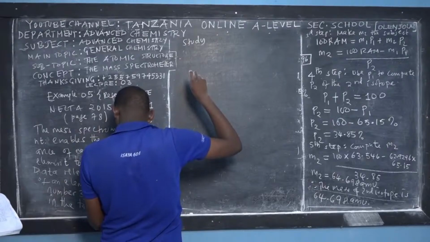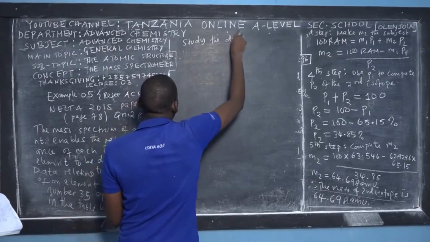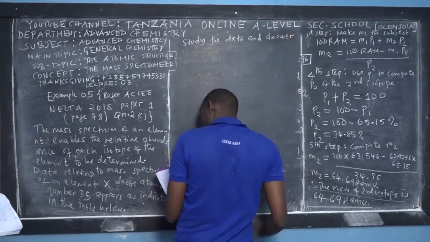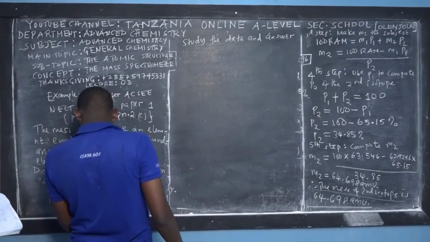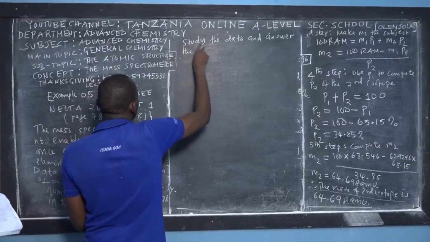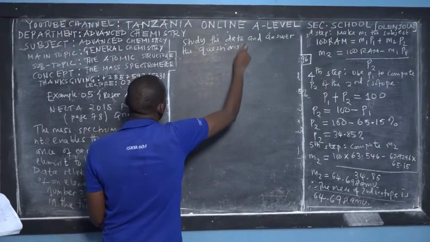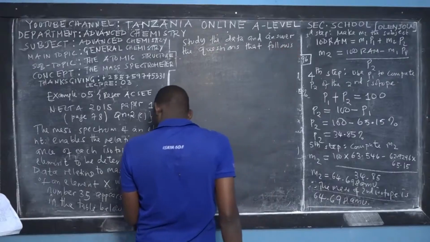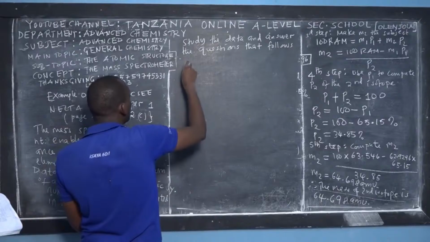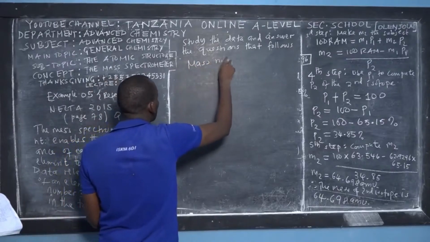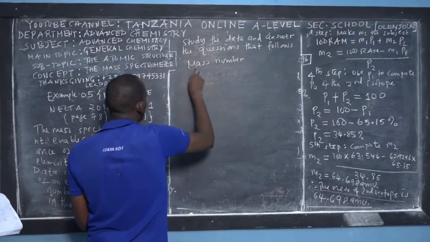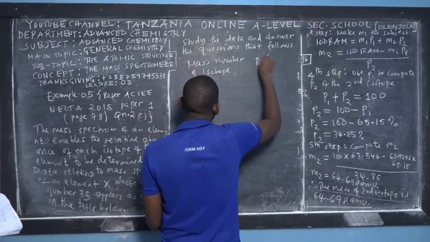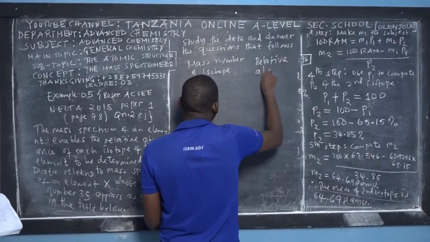Study the data and answer the questions that follow. Here we have a column for mass number of isotope, and then in another column we have relative abundance.